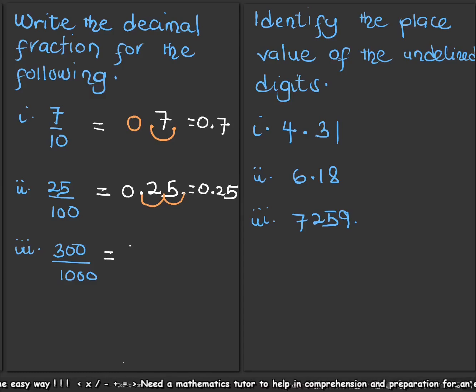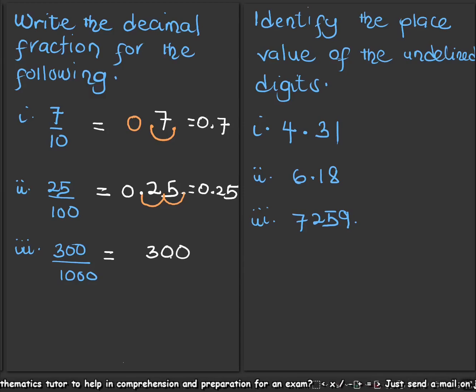Okay, so if you're able to try, let's do it together so you check your answer. First, we write the numerator, 300. Now, if you look at the denominator, how many zeros do we have? 1, 2, 3. It's 1,000. Hence, we move our decimal point. Initially, it is in front of the 300. So we move it how many times? 3 times.